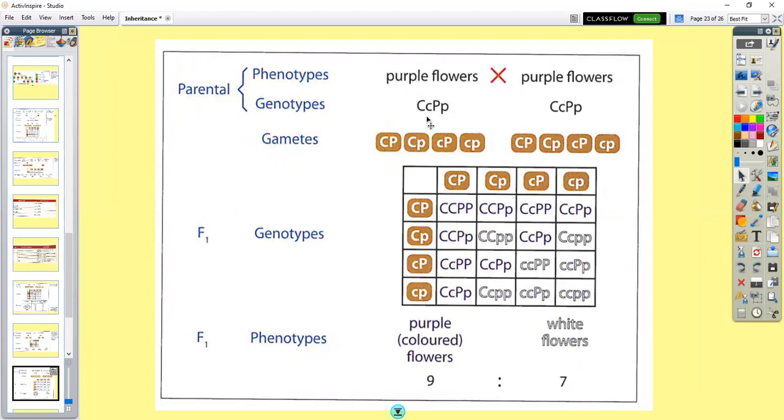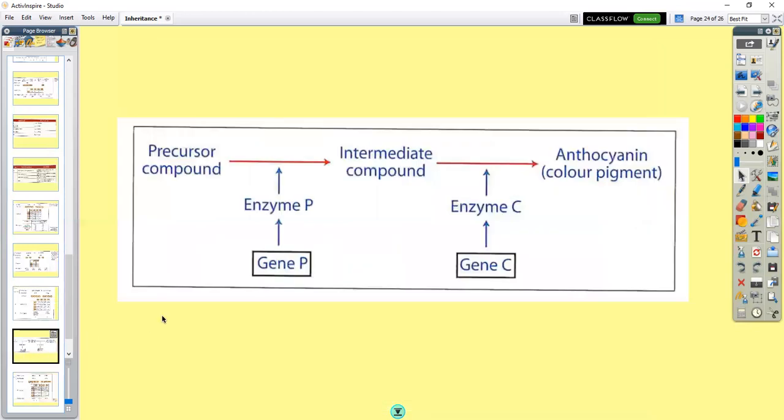So if you cross 2 heterozygotes here, you can see that anything with a big C and a big P has purple, whereas either 2 small c's is white, or a big C and 2 small p's is white also, and that gives you that 9:7 ratio. And that is generally shown by, this would be your white, that would be your white, this would be your purple.